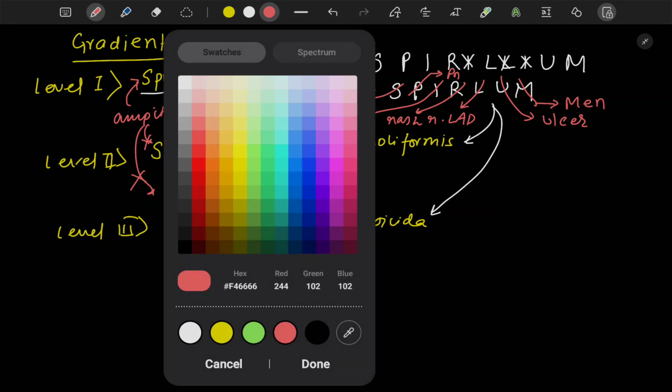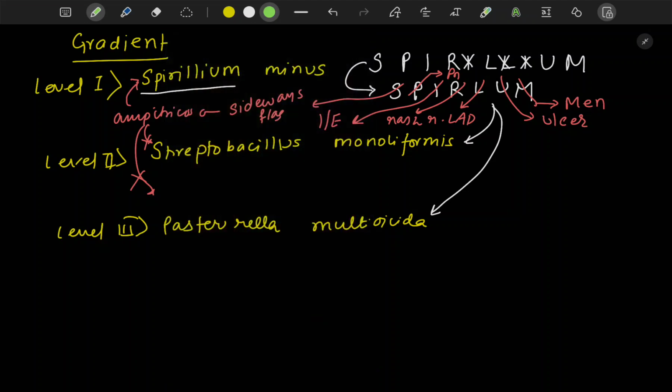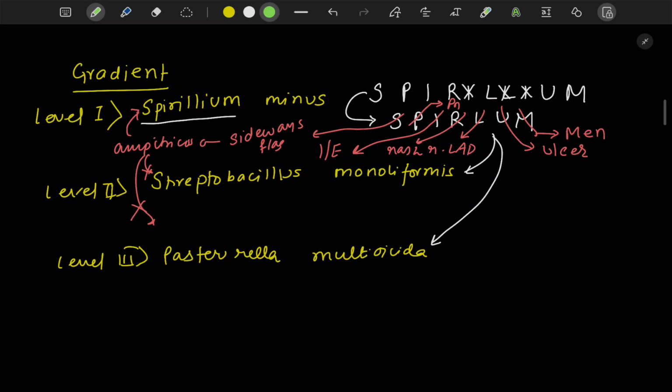And this happens because all of them are through some kind of bites. So for example, Spirillum minus is, normally it is between rats. And if a rat bites a human, then he will develop fever along with all these.